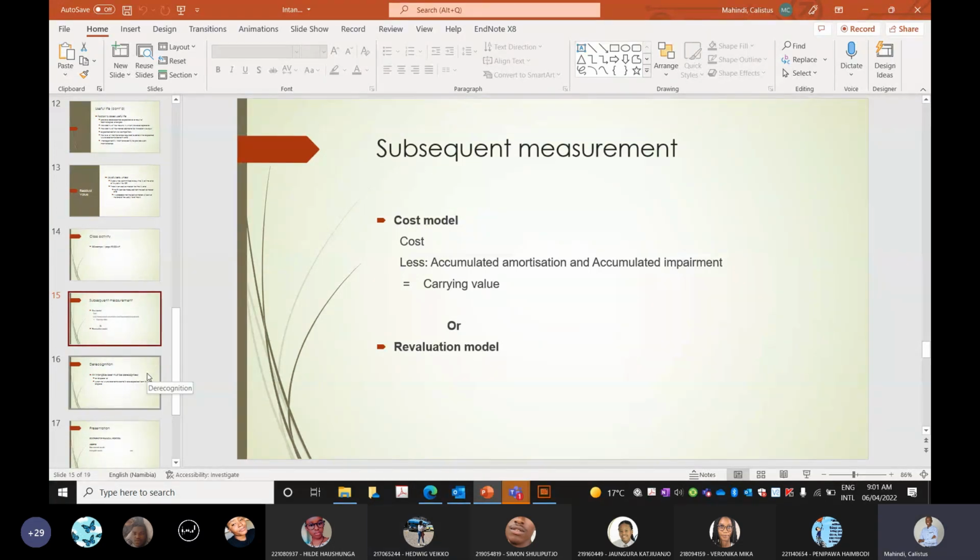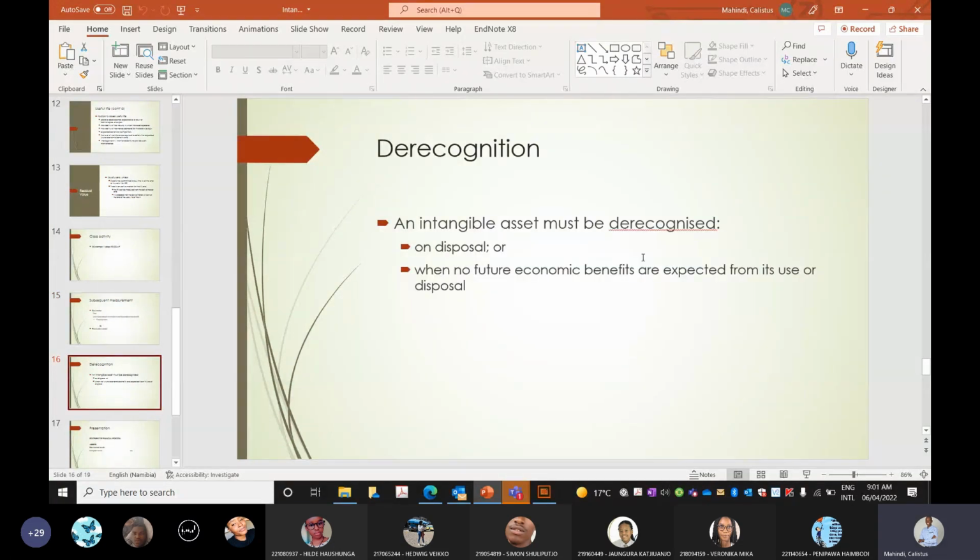Okay, derecognition. When you derecognize an intangible asset, you derecognize it on disposal or when there are no future economic benefits expected from its use or disposal. This is the same derecognition criteria that we have for other assets, so I will not go into it.